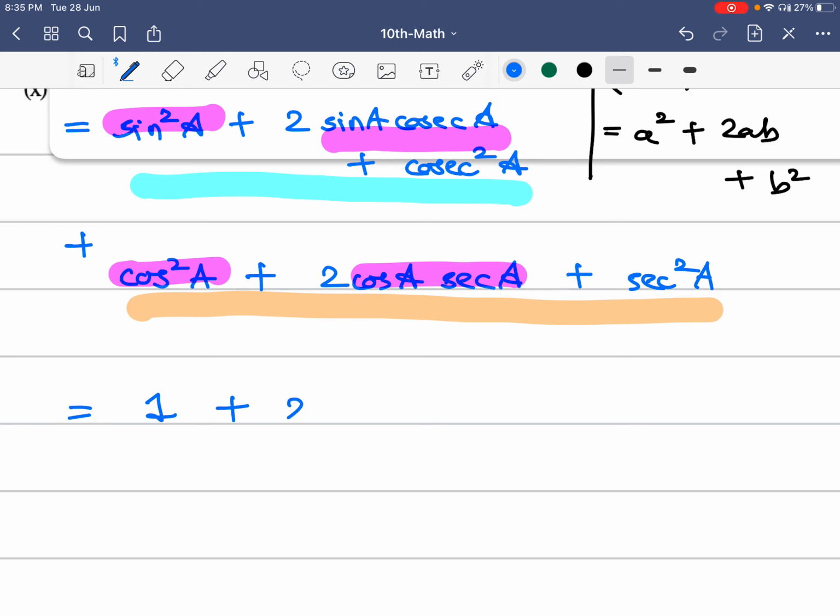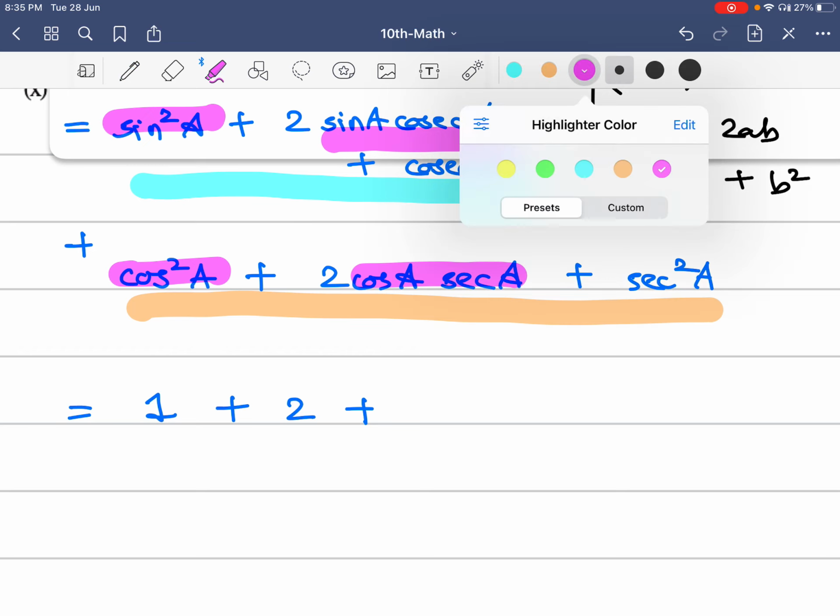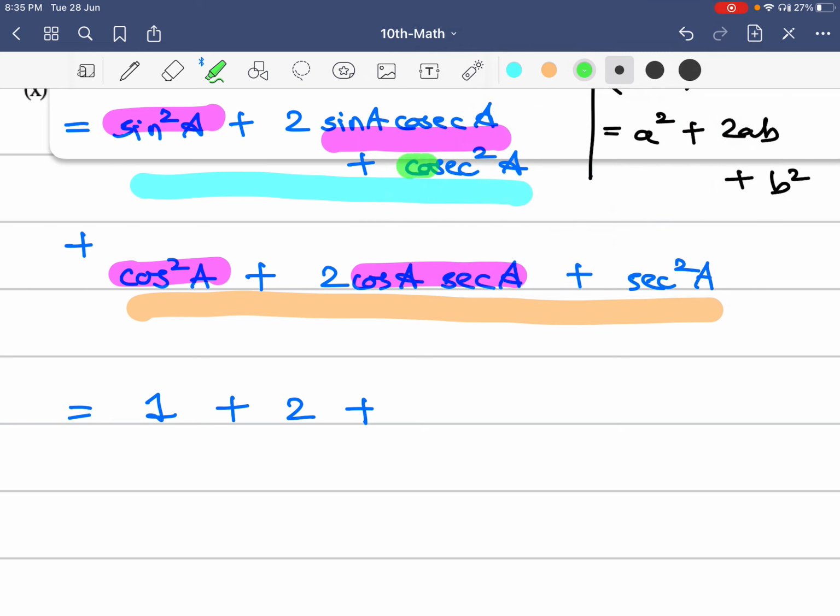So that is going to be equal to 2 plus 2 plus, and then we have cosec square A and sec square A, that we will write as it is. So 2 plus 2 plus cosec square A plus sec square A.